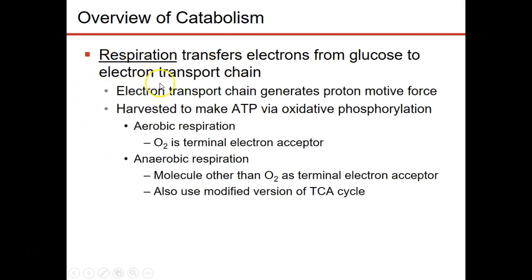So here's aerobic respiration, which uses an electron transport chain to produce a lot of ATP via oxidative phosphorylation. Anaerobic respiration uses a different molecule other than oxygen as their terminal electron acceptor, but aerobic respiration uses oxygen as their terminal electron acceptor.